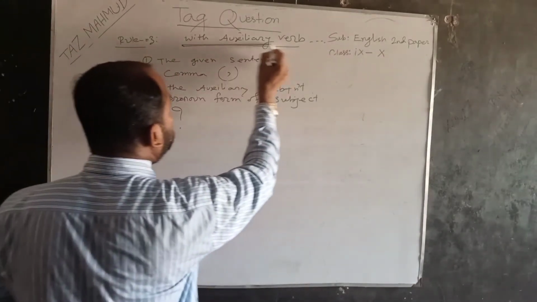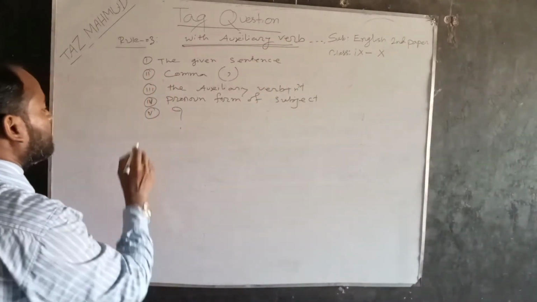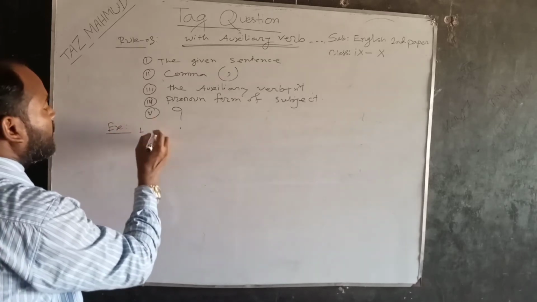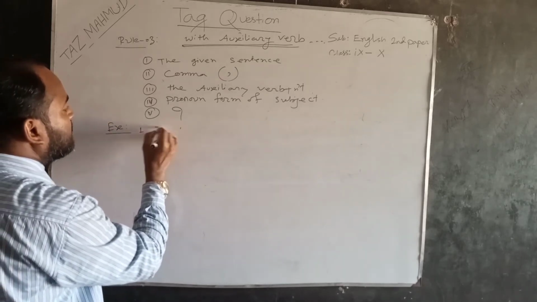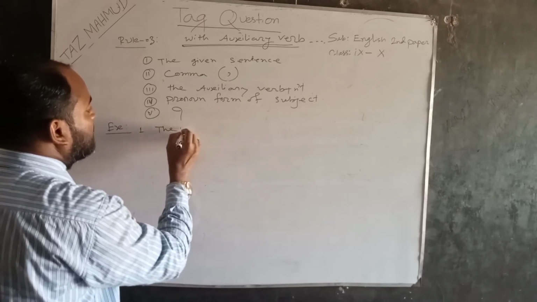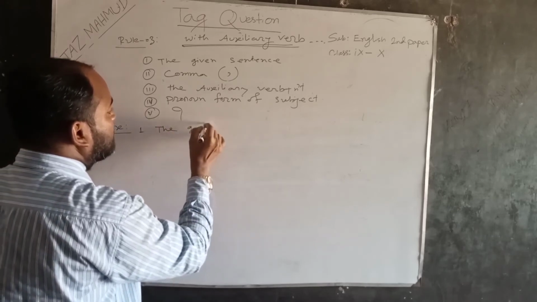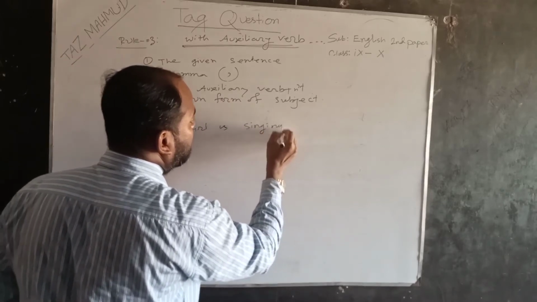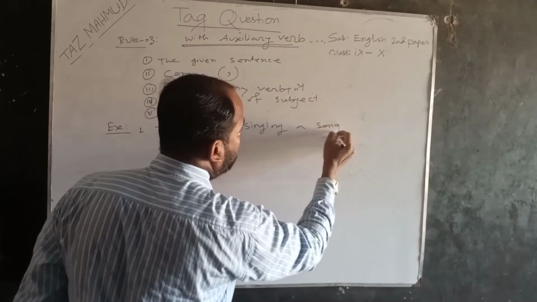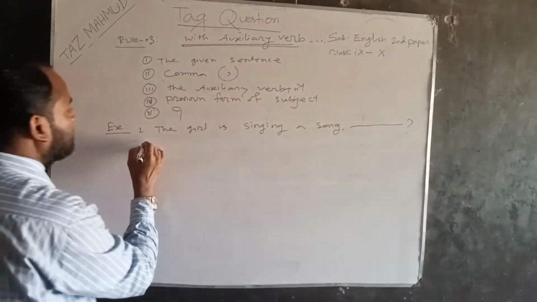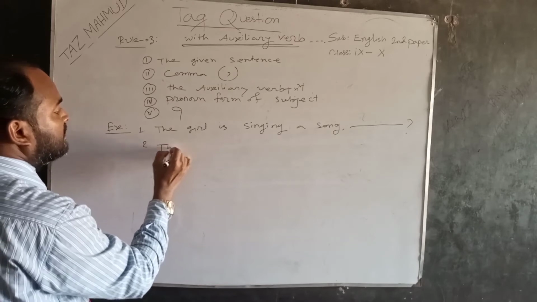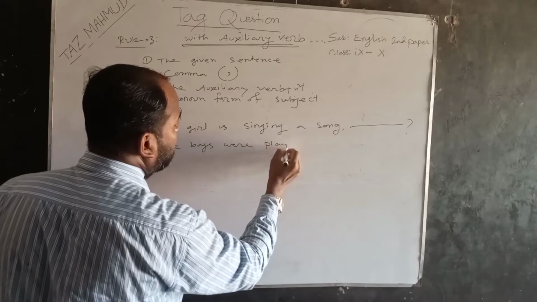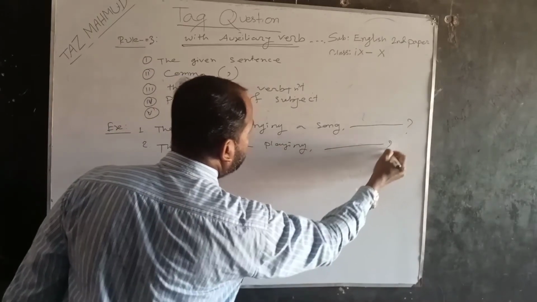If the assertive sentence is with an auxiliary verb, for example: the girl is singing a song. The boys were playing.